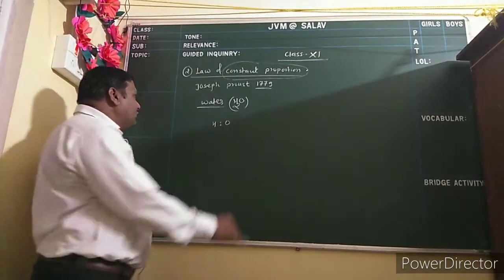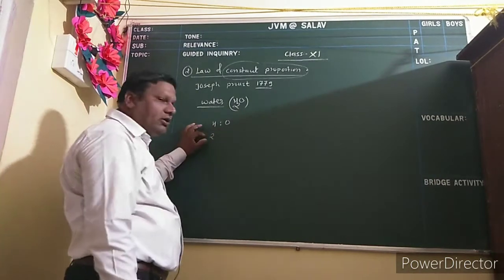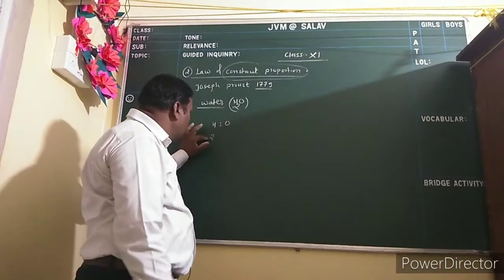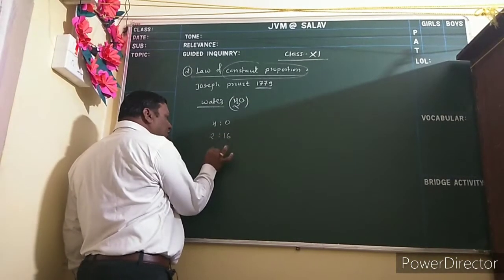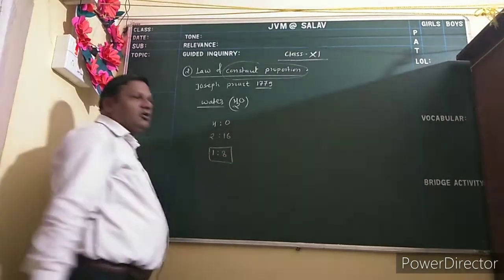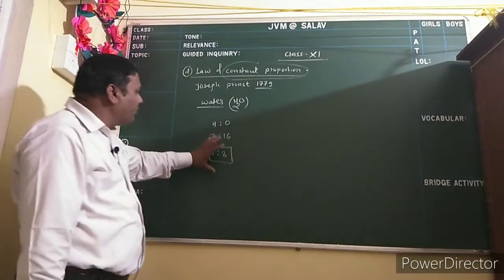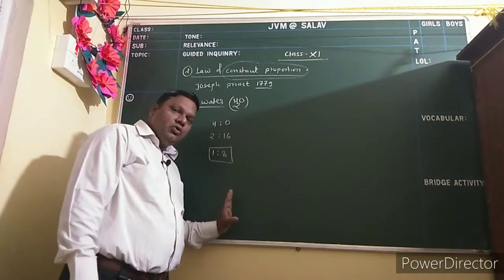Let's say hydrogen atomic mass here is 1, but there are 2 hydrogen, hence we will have 2 to 16. 2 to 16 simplifies to 1 to 8. So 1 to 8 is the proportion of hydrogen to oxygen in water.